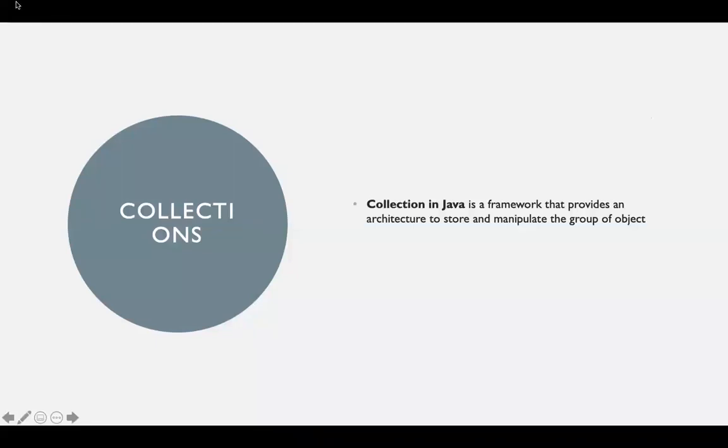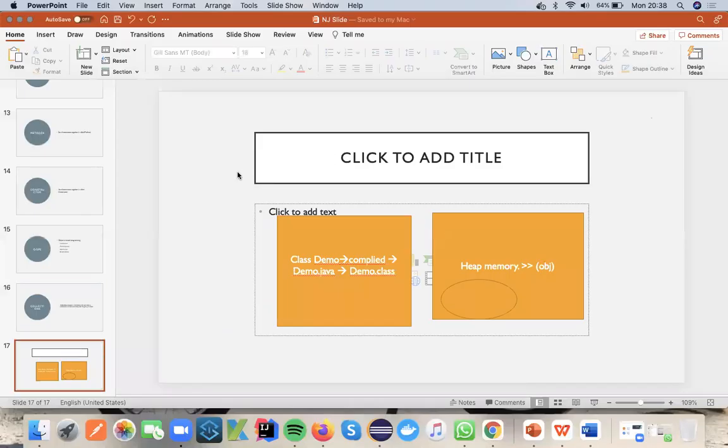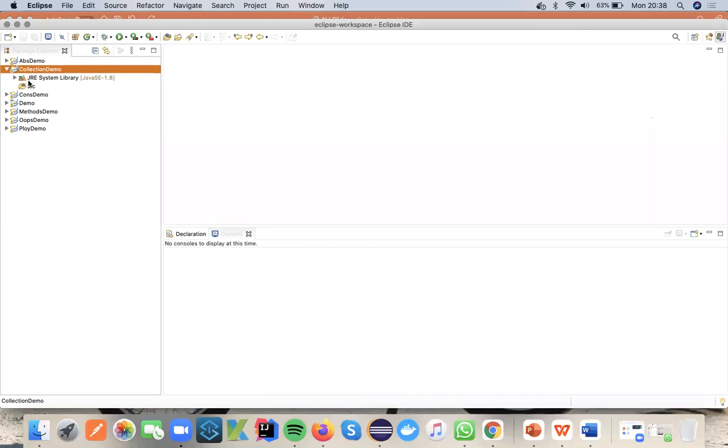Let me go to the real-time environment and start executing a simple Java project where I will explain all the predefined interfaces and classes that collection offers. I'm going back here, and I have created the project.